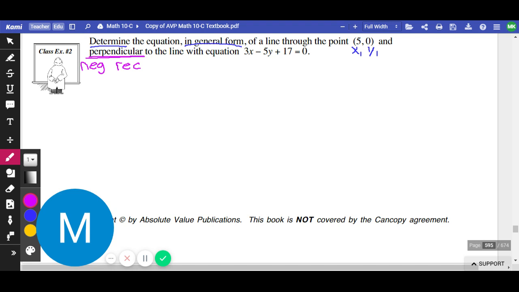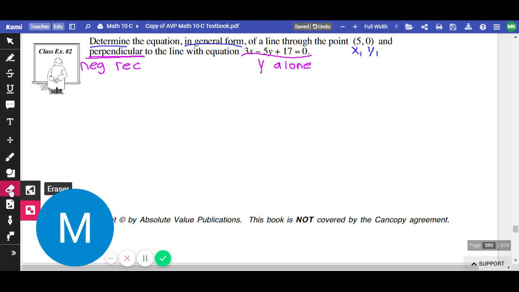So take this and get y alone by itself. We're going to isolate y. To do that, I'm going to add 5y to both sides.